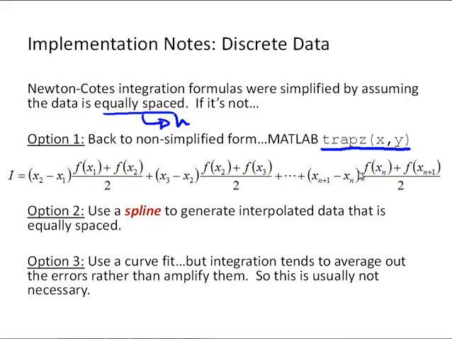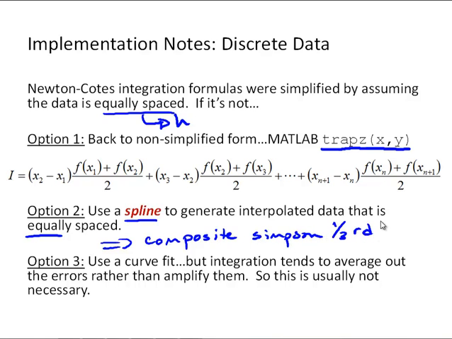spaced data. Another approach is to use a spline or some other interpolation technique to generate interpolated data that is equally spaced, and then use something like the composite Simpson's 1/3 rule. And a third option is to use a curve fit, but one note about the curve fit is the integration is going to tend to average out the errors rather than amplify them.